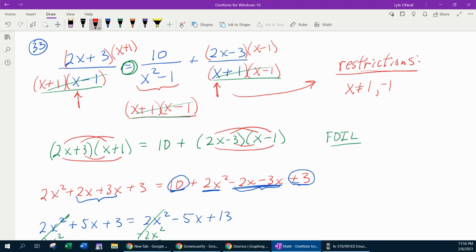Negative 1 plus 1 is 0. And if you look at the middle denominator, that actually accounts for both of these already. 1 squared is 1, 1 minus 1 is 0. But negative 1 squared is also 1, 1 minus 1 is 0.